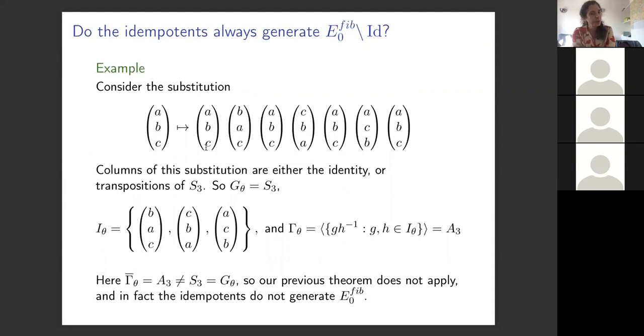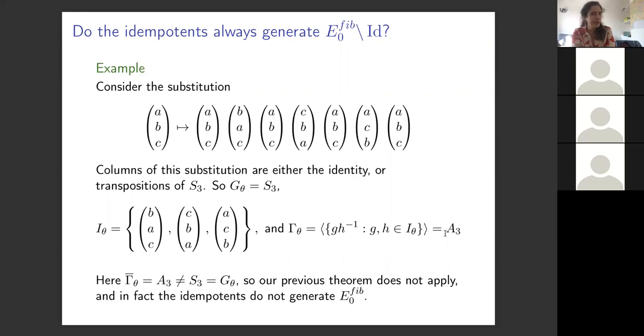Therefore the group G theta, which is the group generated by all of these, since it contains all transpositions, is S3. But because we put the identity in every other place, if you compute I theta, you will get the set of the 3 transpositions. To compute gamma theta, I have to take one of these followed by an inverse of another, and what I get are all even permutations.